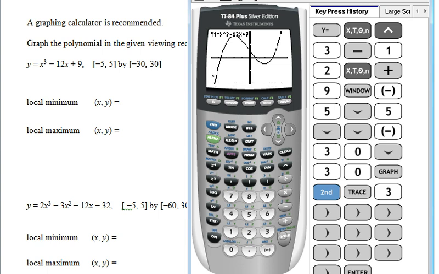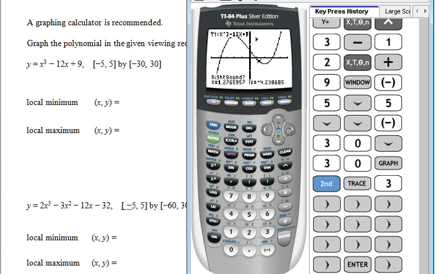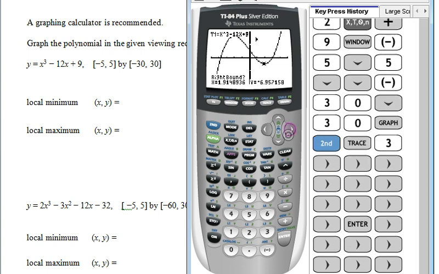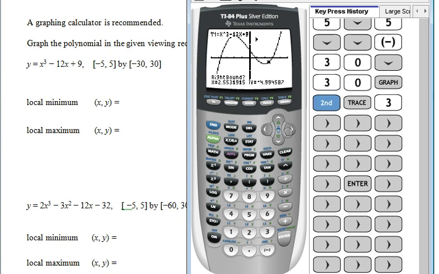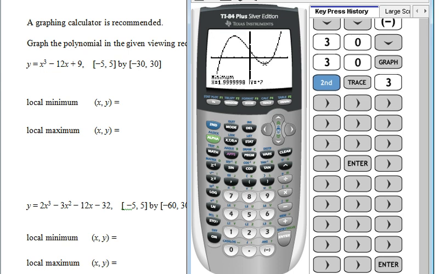Then press enter. Move over to the right of that local minimum. Press enter. And then press enter a third time to have the calculator compute the coordinates of that extrema.